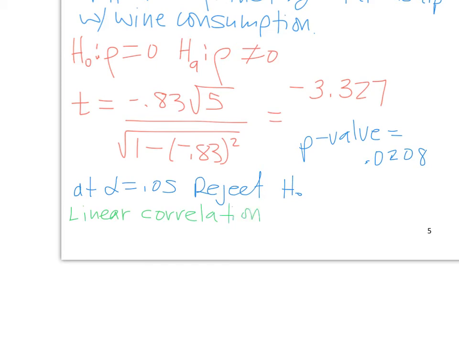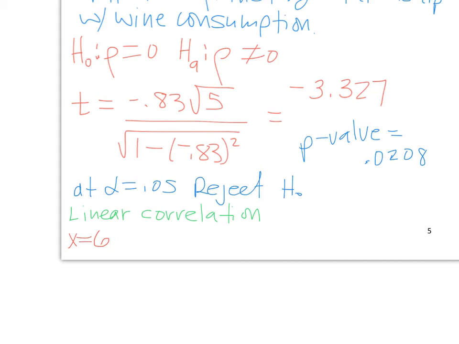Okay, so I want to save some room to do some prediction. So let's predict the heart disease rate based on a selected value of X, a selected value of wine consumption. And let's choose 6. And so I think this is the per capita wine consumption in liters in these countries.